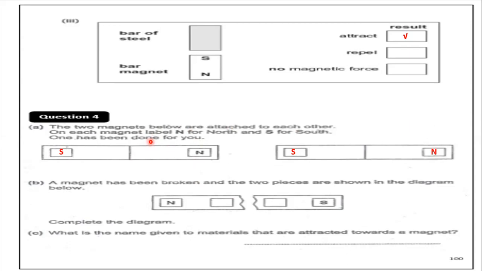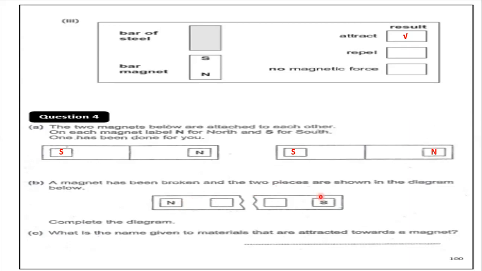It's going to be acting like a separate magnet. So this means that when this bar, it was one piece, when it got broken, this is going to be the south pole and this is going to be the north pole. Each part of the broken parts is going to act like a single magnet.